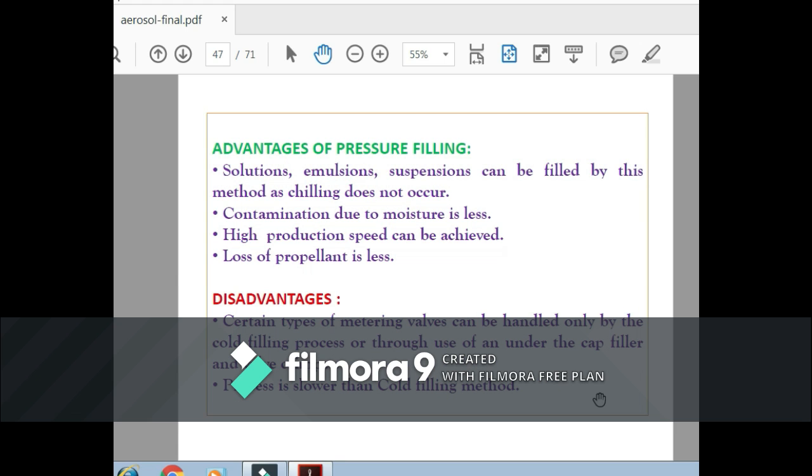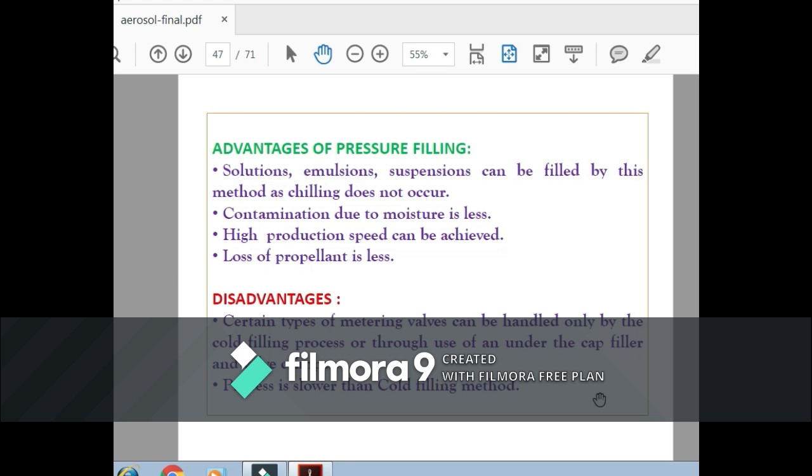Now advantages of such kind of pressure filling system. Generally with the help of this pressure filling method, we are able to fill solutions, suspensions as well as emulsions inside your container without chilling those, and there is no cooling of the drug.